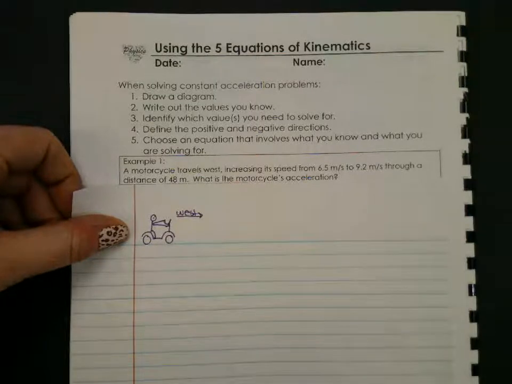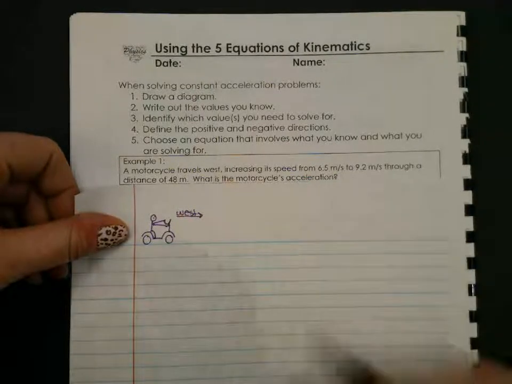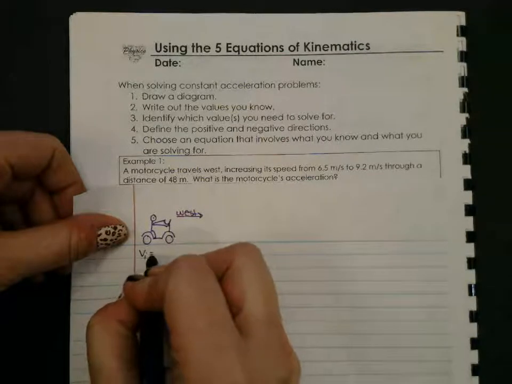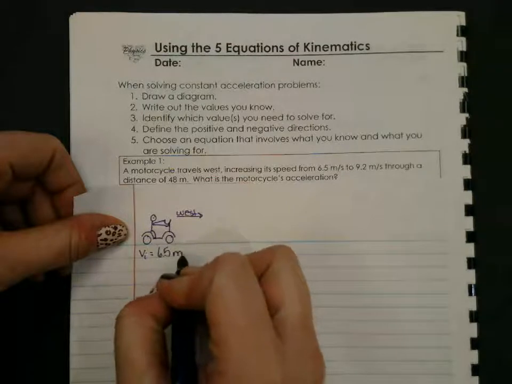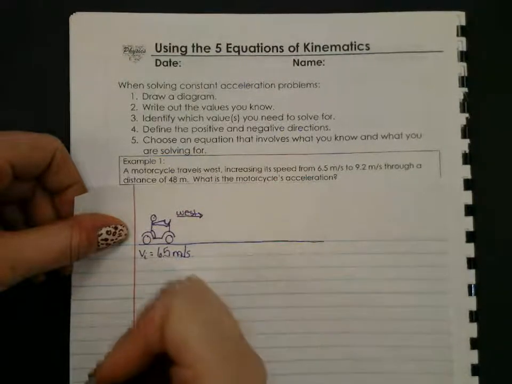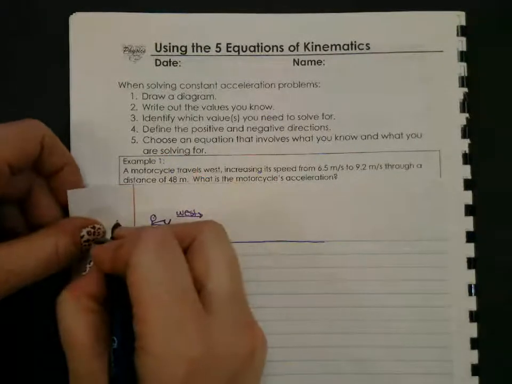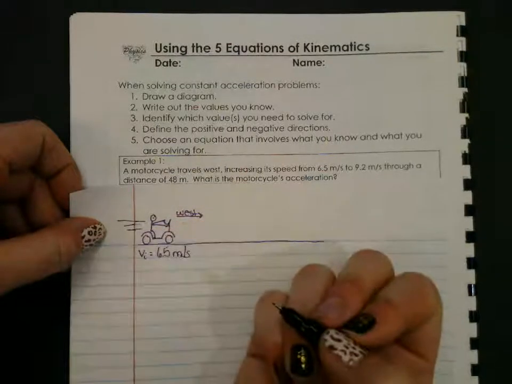It's increasing its speed from 6.5 meters per second to 9.2 meters per second. So we know its initial velocity is 6.5 meters per second. So that's how fast he's going right here. And we know he's moving, so I'm going to give him some moving lines.